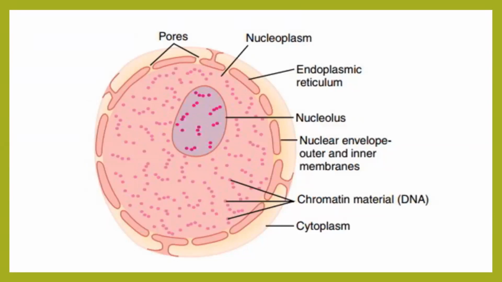Can you separate it very nicely? No, they're very much intertwined. Exactly how this thread-like material will be present inside the nucleus. And this thread-like material is very important. Why? Because this material is called chromatin material, which is nothing but DNA.